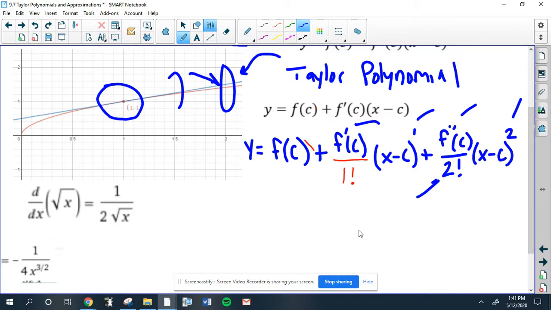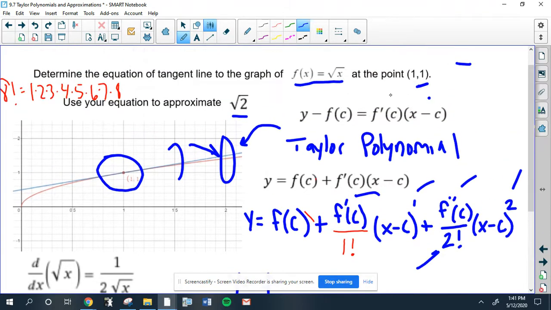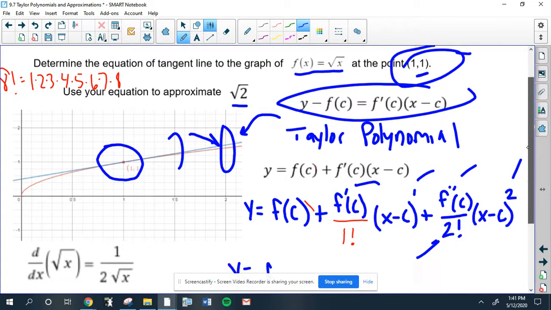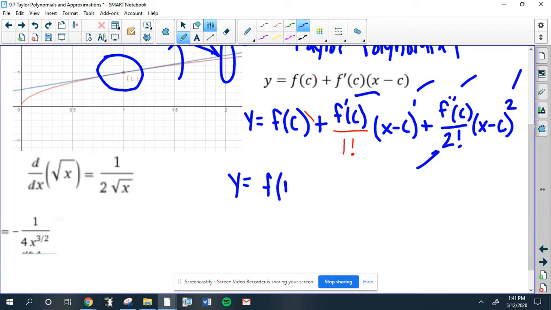So what this would give me is if I plugged in 1, just like we did for our linear approximation, that would give us a parabola to approximate this function.